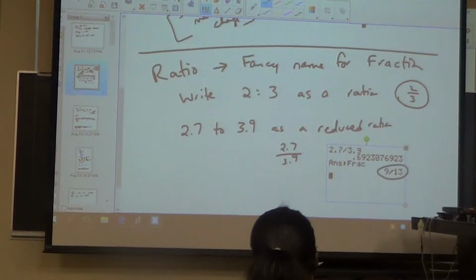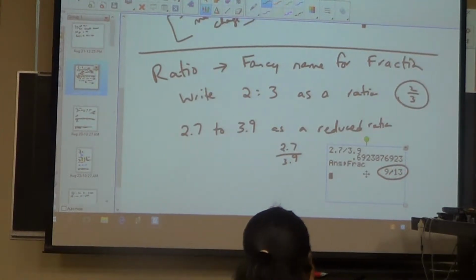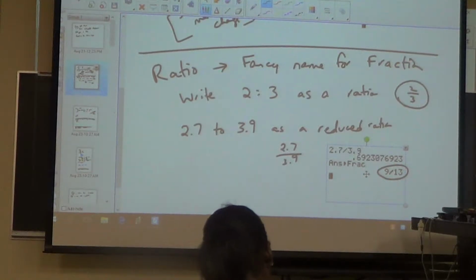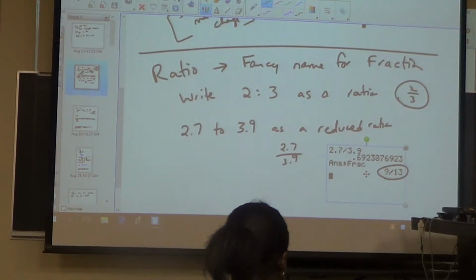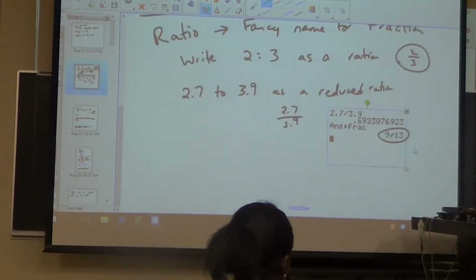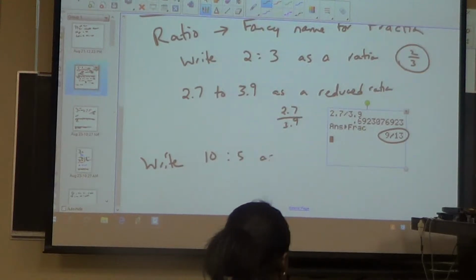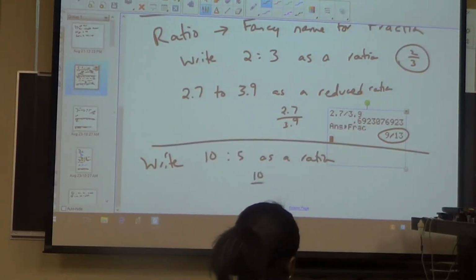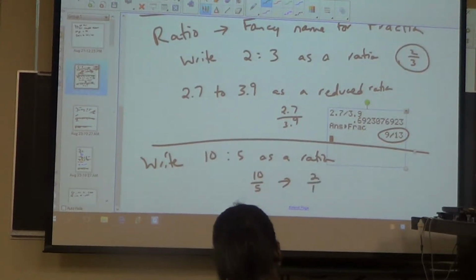All ratio is just turning it into a fraction. Ratio cannot be a mixed number. Ratio cannot be a whole number. Ratio has to be a fraction. So if I said, write 10 to 5 as a ratio, it would be 10 over 5, which reduces to what? 2, but I would have to write it as 2 over 1, because ratio has to be a fraction.